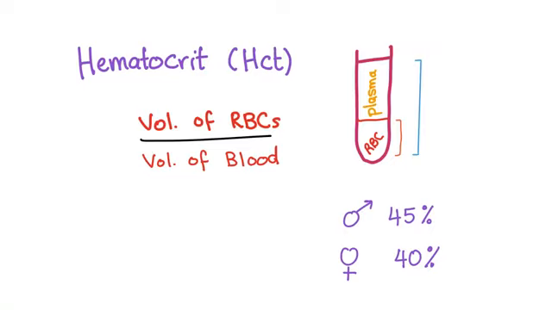So the RBCs will be kind of 45%, okay, and this will be the 100, and the RBC will be the 45, so 45% is the hematocrit. Normal in males, around 45%, and females around 40%. Volume of RBCs over volume of blood, not plasma.